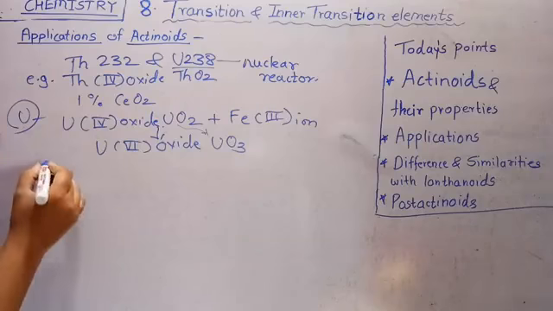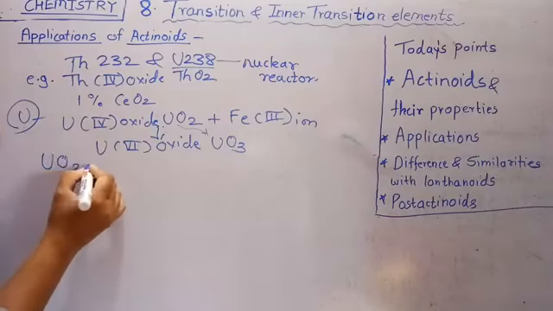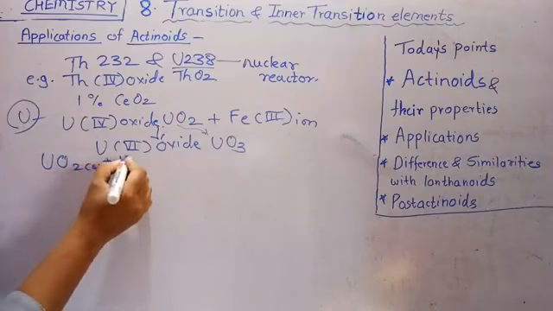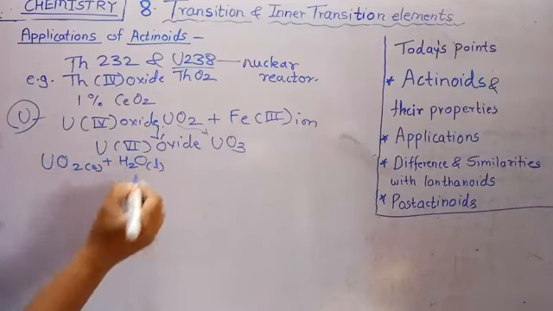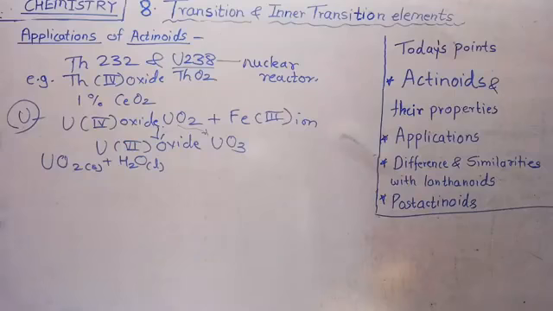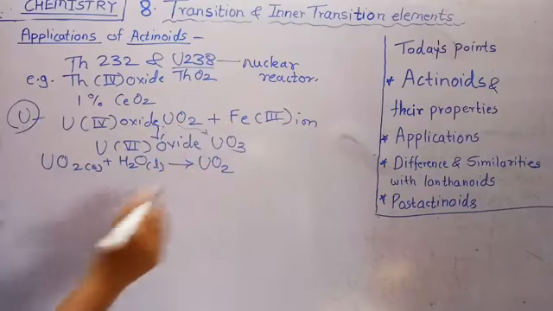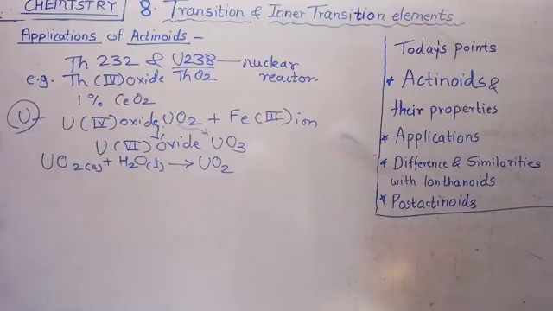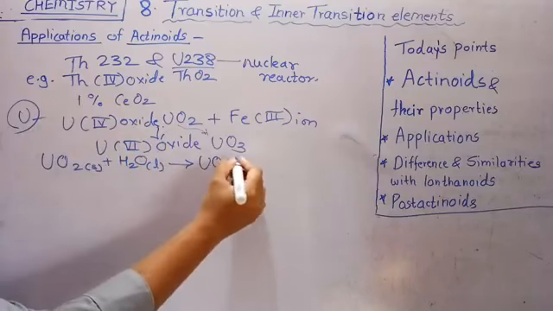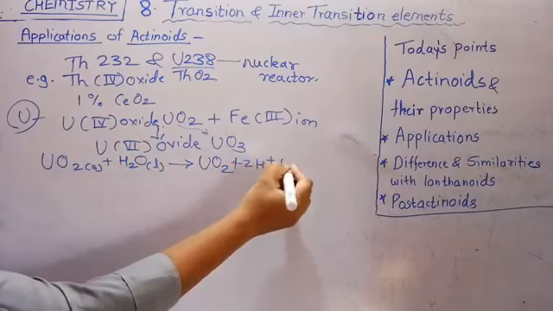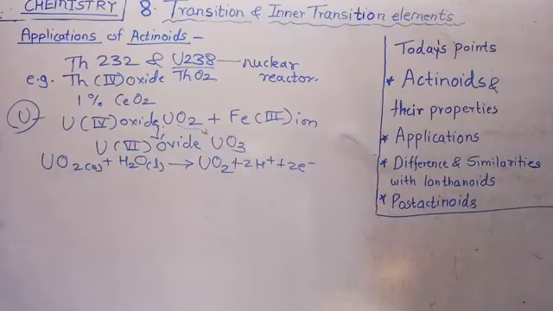And that reaction is UO2 in solid state plus water in liquid, because you take the aqueous solution of iron(III), plus Fe3+ to form uranium(VI) oxide UO3 plus 2H+ ions plus 2 electrons.